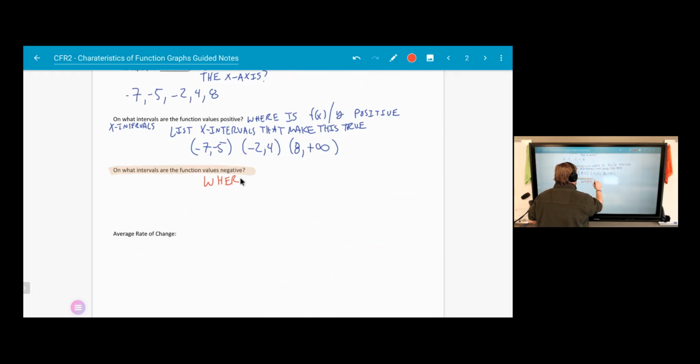Where is f of x, or y, however you want to think about it, negative? Once again, we're going to list the x intervals that make this true.